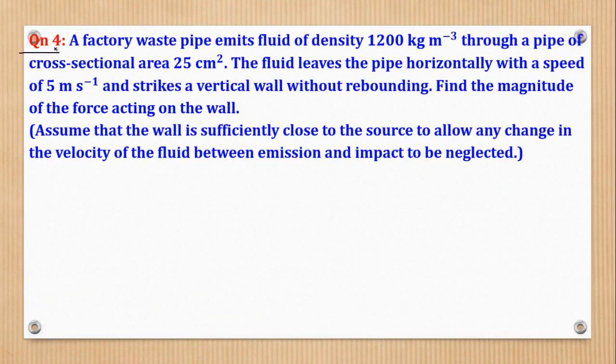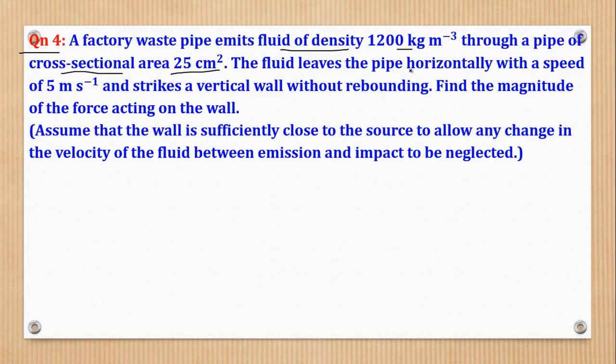That was question 3. Now we shall go to question 4. Question 4 says, a factory waste pipe emits fluid of density 1200 kilograms per meter cubed through a pipe of cross-section area 25 centimeters squared.